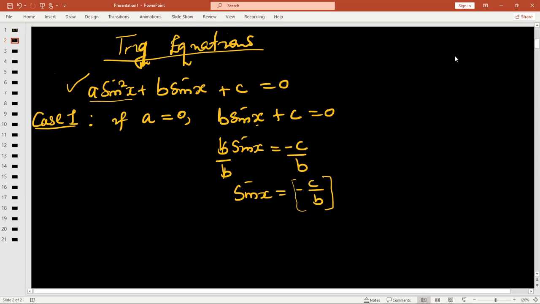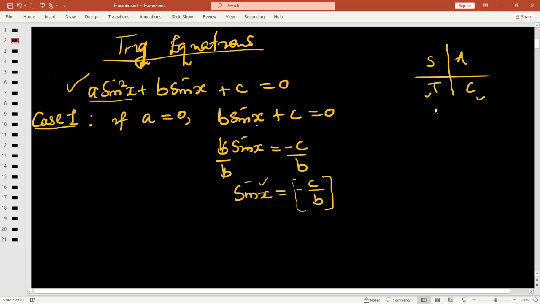So what this tells us is, you have the quadrants and the signs of functions there. What this simply tells you is that the solutions are going to come from the quadrants where this sine function is negative. So the solutions are supposed to come from the third quadrant and the fourth quadrant.